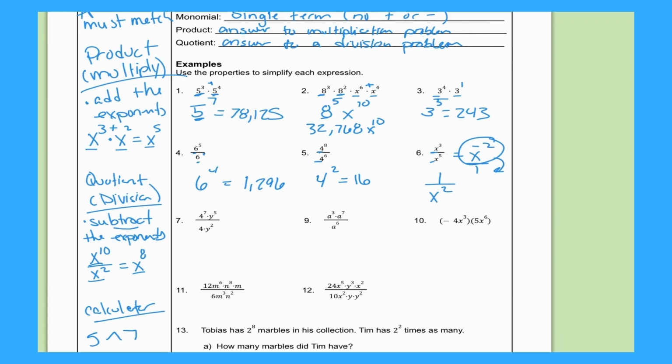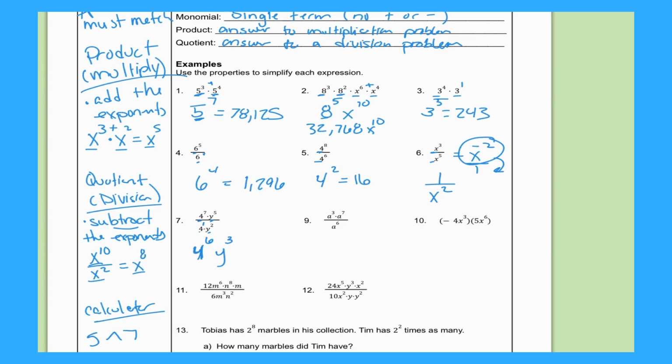Okay, number 7, we're starting to put some of these together. This has a hidden 1 here. So these have a base of 4, so the base stays 4, and I can use my exponent rules. 7 minus 1 is 6. Then the y's have the same base, so that's going to stay y. This is a 4. 5 minus 2 is 3.